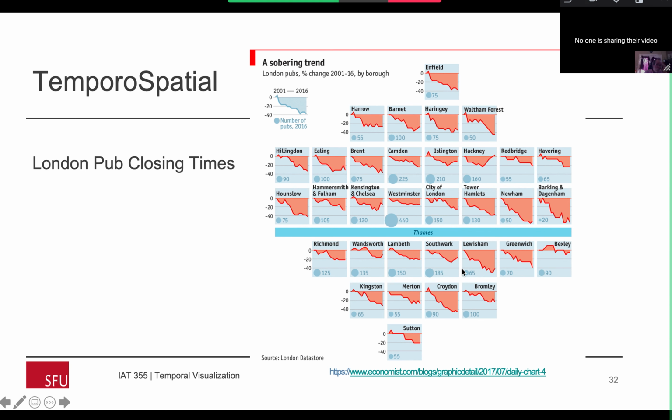So maybe the Brits have lost interest in drinking. Who knows? Anyway, that's an interesting change over time. The point of the plot is to show this change and how that change is distributed among various neighborhoods around the city.